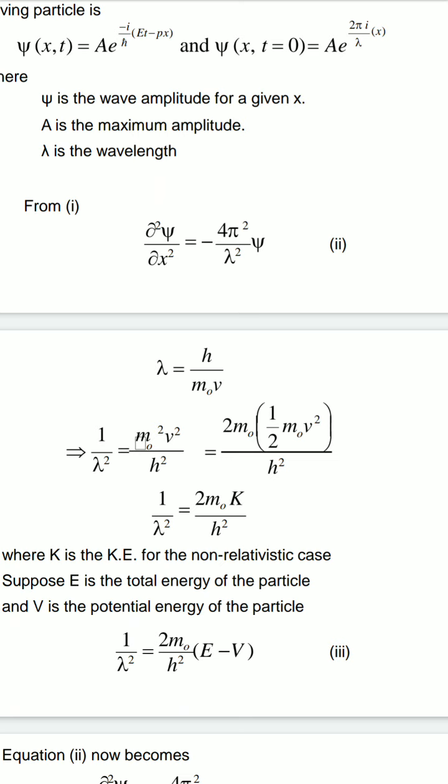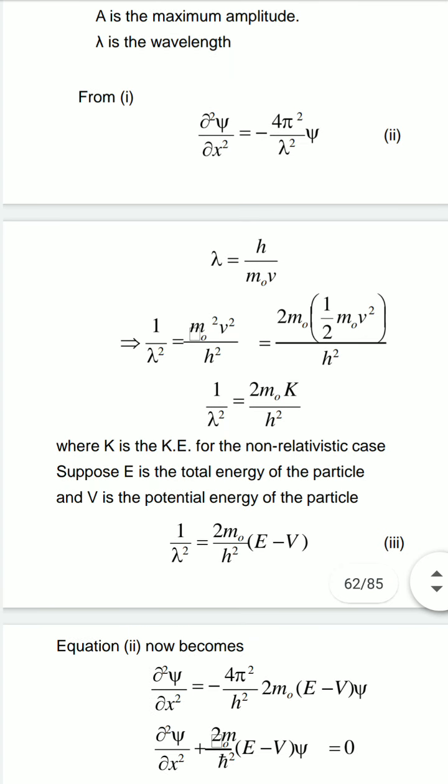That means 2 m0 into K by h square, where K is the kinetic energy. Now you will get 1 by lambda square is equal to 2 m0 by h square into K, isn't it? So if E is the total energy of the particle and V is the potential energy, then kinetic energy will be total energy minus potential energy. So 1 by lambda square becomes 2 m0 by h square into E minus V.